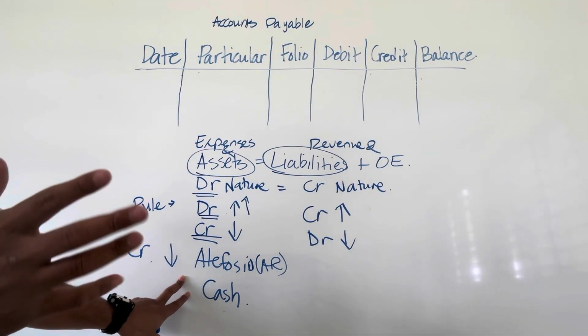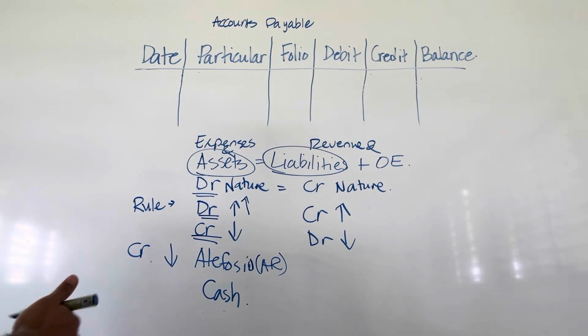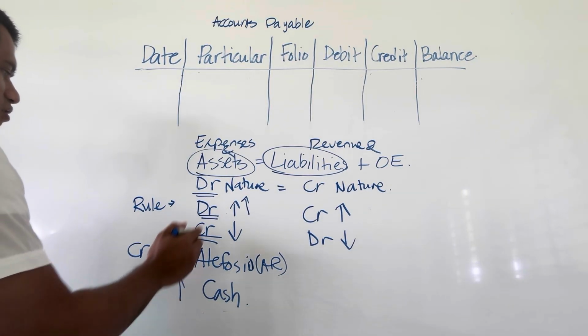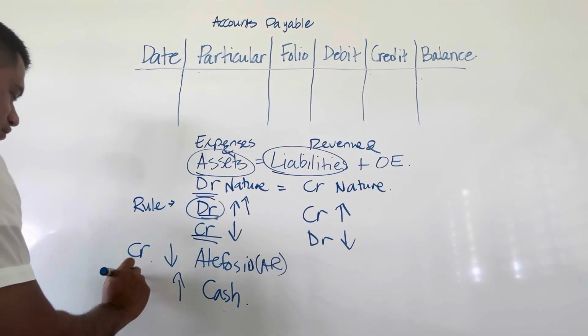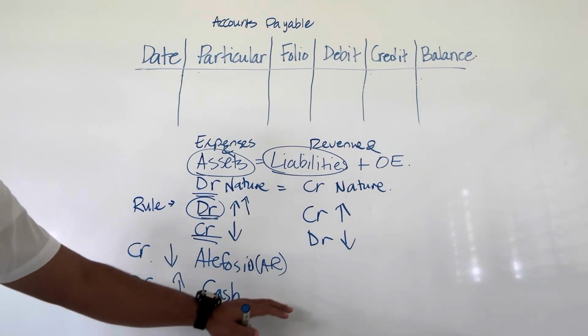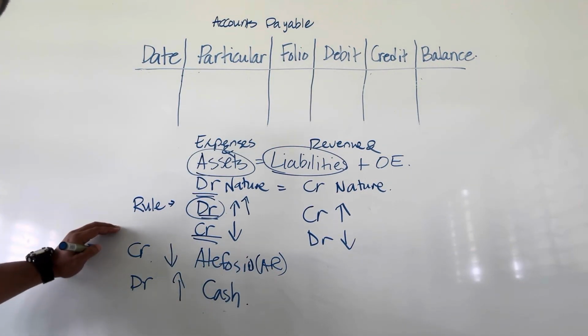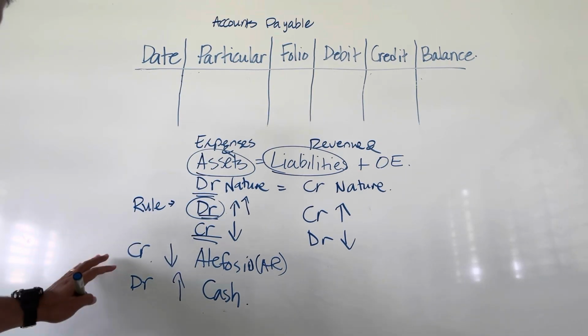And where does this money go? It goes straight into the bank account of the business. So we increase cash with a debit entry. Now we have identified the two accounts, and once again we have a debit and a credit entry for this transaction.